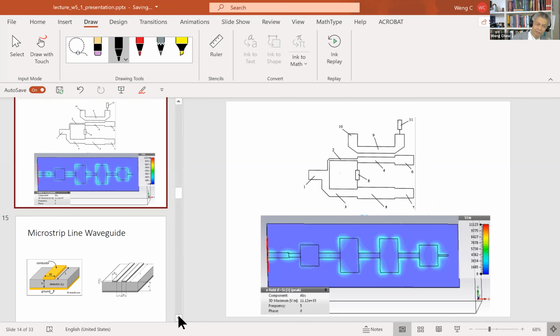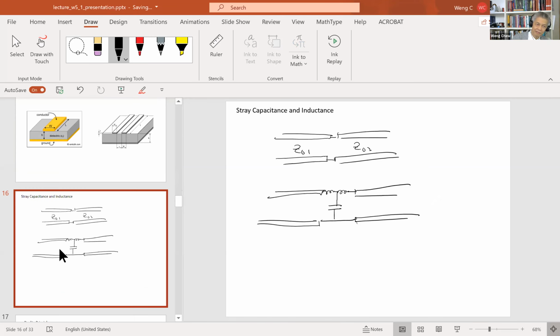In order to model those, you put in lumped elements like this to account for their contribution. So what you have learned in this course is just a simple junction, but when you go out as a practicing engineer, you will have to add these elements to model the junction properly. These are called the stray capacitances and the stray inductance, okay?